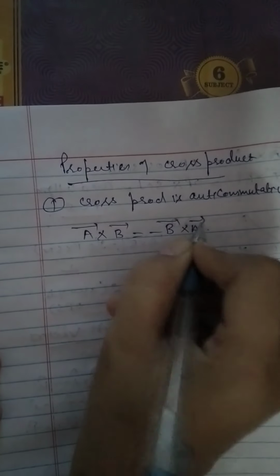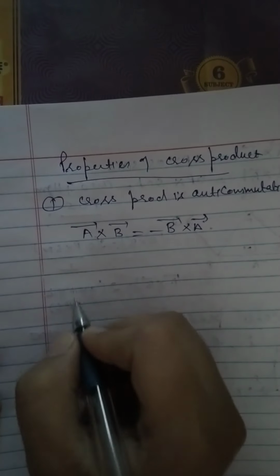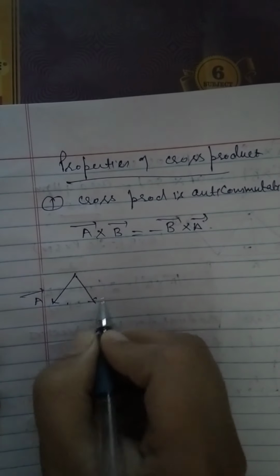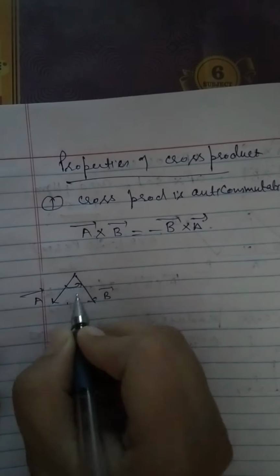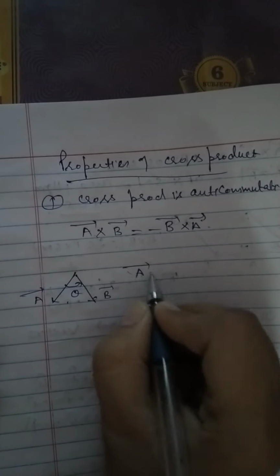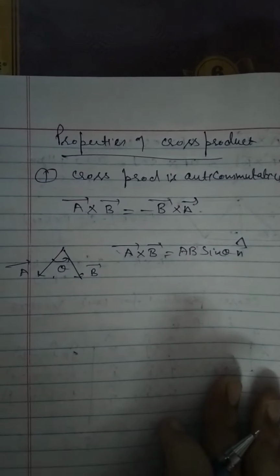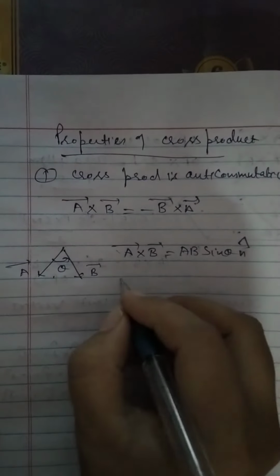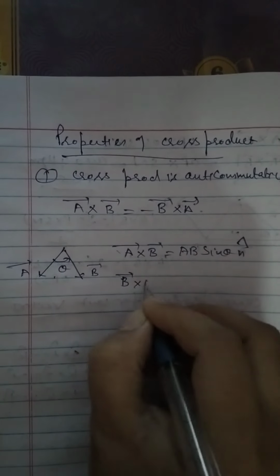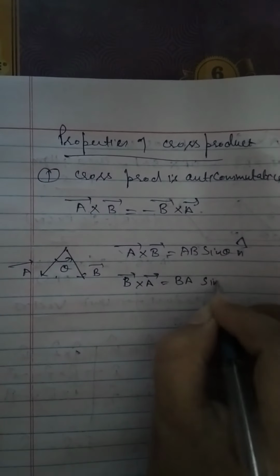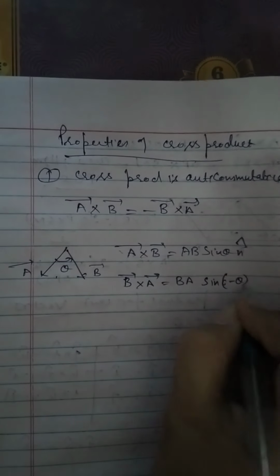One thing is you can see the direction जो भी हमने किया, अगर आपके पास ये A है, ये B है. What is the angle between them? Smaller angle you have to see. A cross B is AB sin theta into n cap. N cap is a unit vector perpendicular to both A and B. तो अगर मैं कहूँ write down B cross A, तो B cross A में आपका BA sin of minus theta you can write into n cap.